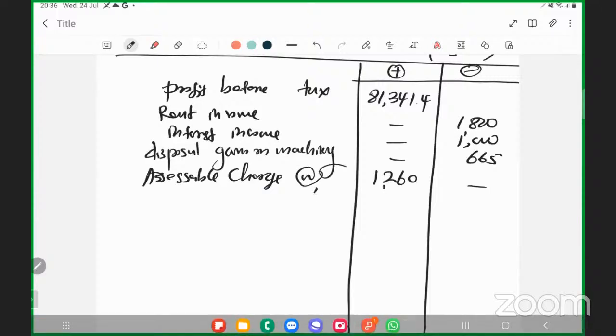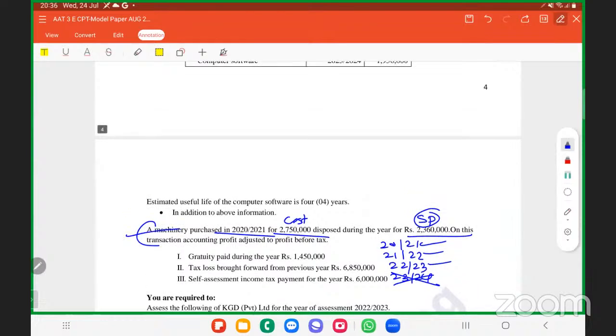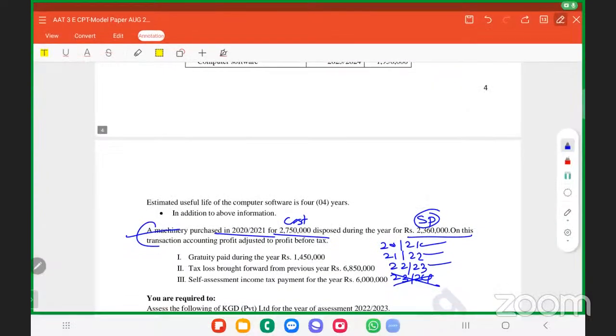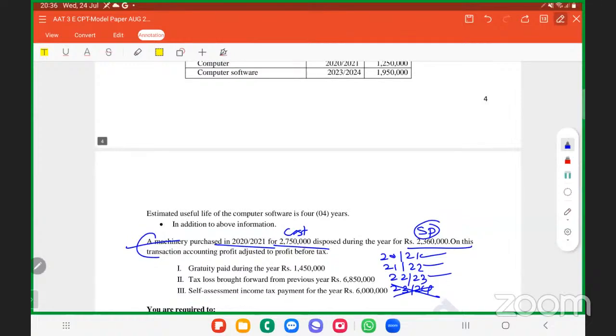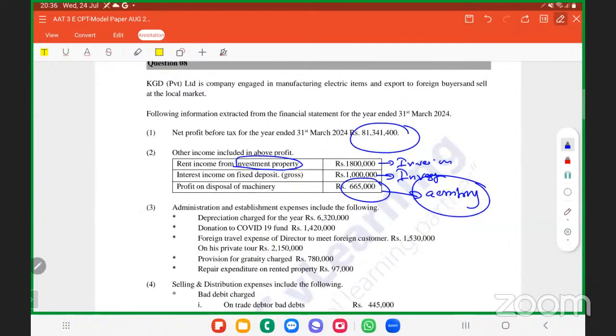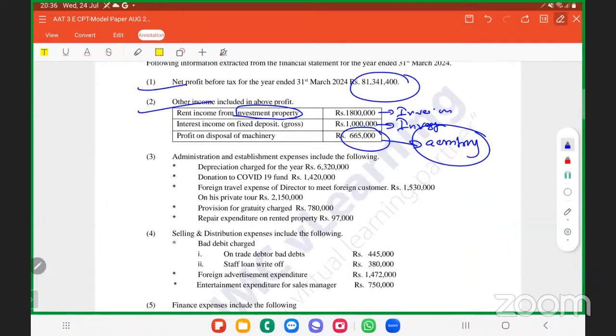So next, we can go to the next information. This we already covered. Administration and establishment expenses include the depreciation charge.